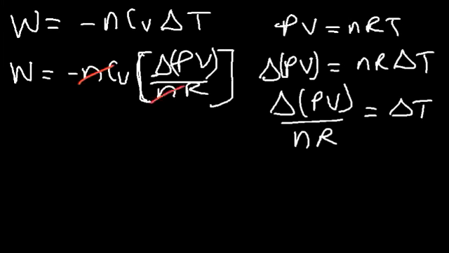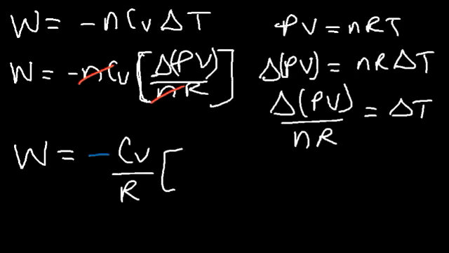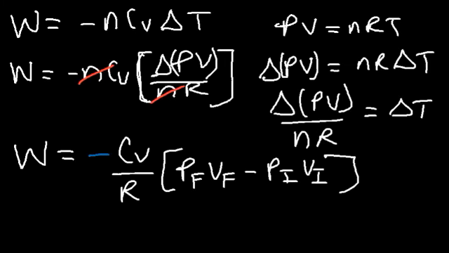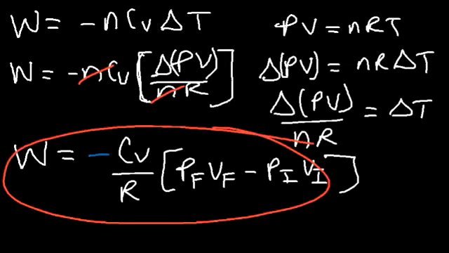So n cancels. So here's another equation that you might find useful. The work is equal to negative Cv divided by R times P final V final minus P initial times V initial. So that's another equation that might be useful if you need to calculate the work performed in an adiabatic process. And if you don't have the temperature, but if you have the pressure and the volume, you can use that as well.